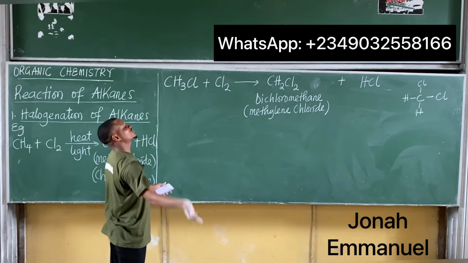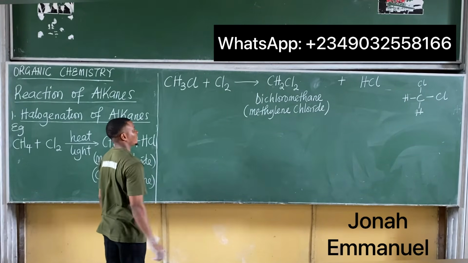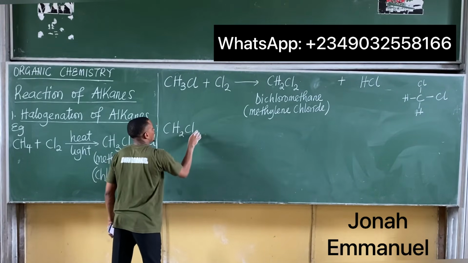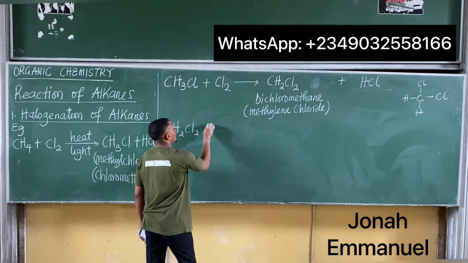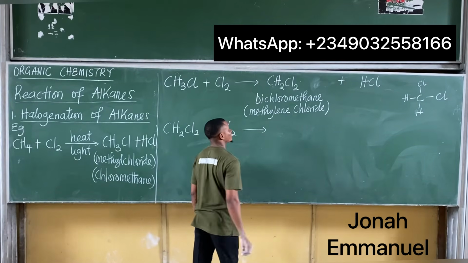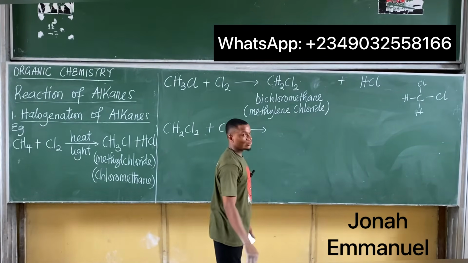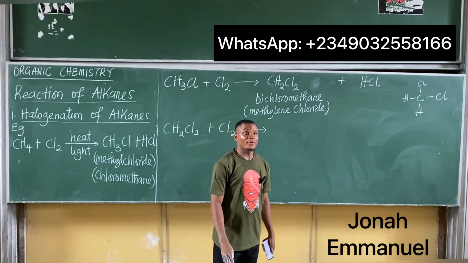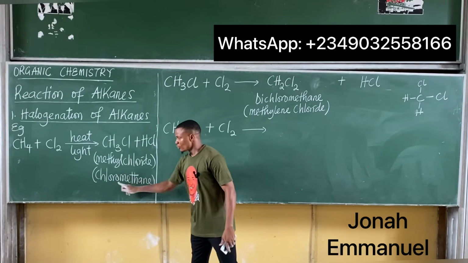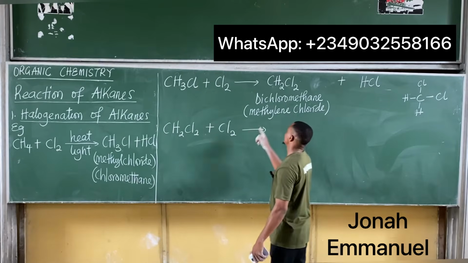On further chlorination again, I will now bring the dichloromethane combined with another chlorine. What do you think I'll get? Try. It was 1 chlorine, chloromethane. It went to 2, dichloro.